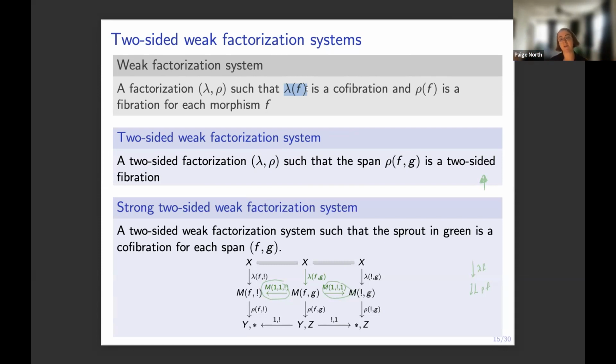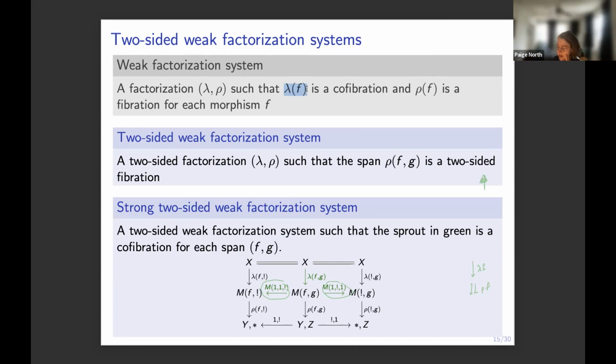We want to have a theory where those two things come together and are part of one structure. So if we have a two-sided weak factorization system, we want to derive that kind of structure out of it. From a two-sided weak factorization system, we want to project out to get two different weak factorization systems. We think about the two-sided weak factorization system as the story where they're both there, both interacting, and then we can project out to either one.